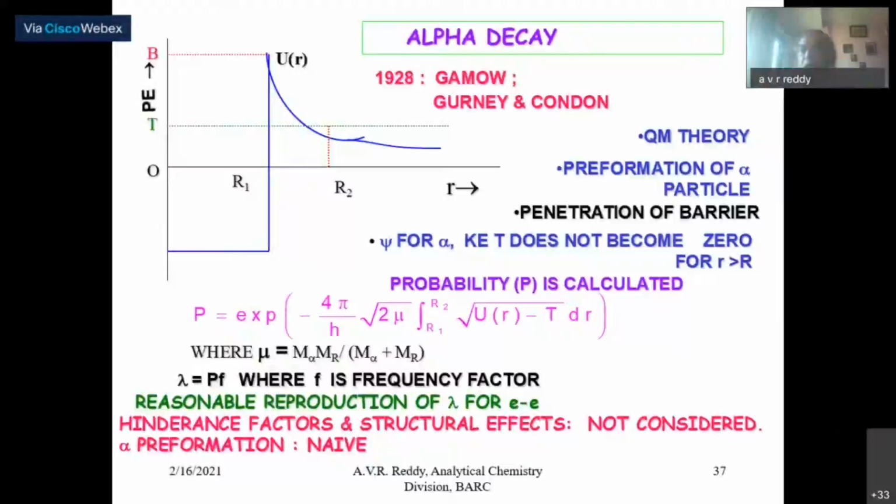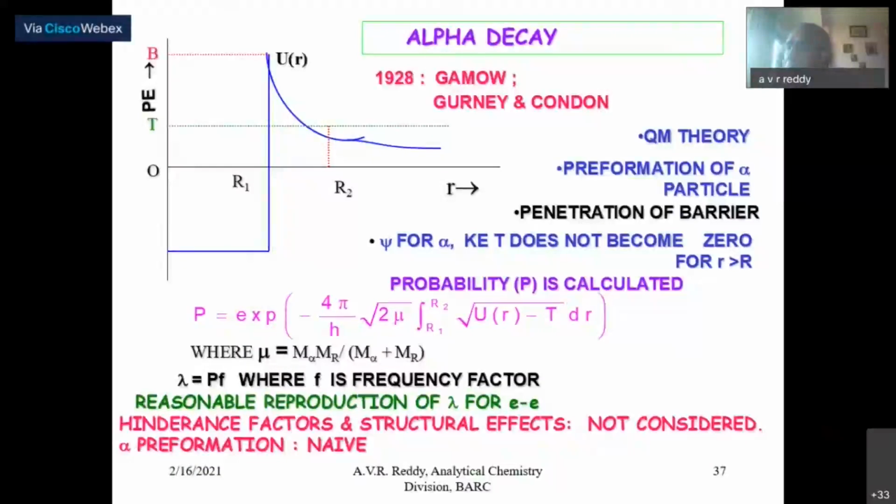Of course, these people proposed barrier penetration. For that, pre-formation of the alpha particle inside the nucleus was conceived, which is very difficult to understand, because we know from the first two lectures that in the nucleus neutrons and protons exist.